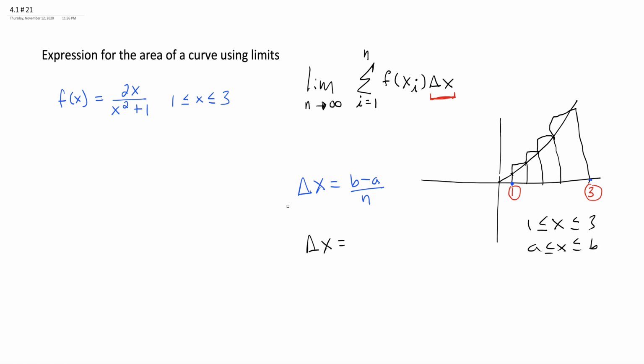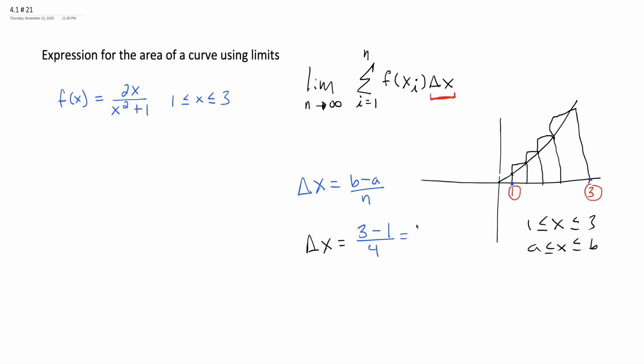So then you go b minus a. That basically tells you what that positive distance is. b is 3, a is 1, over n. We want 4 subintervals, so 4.